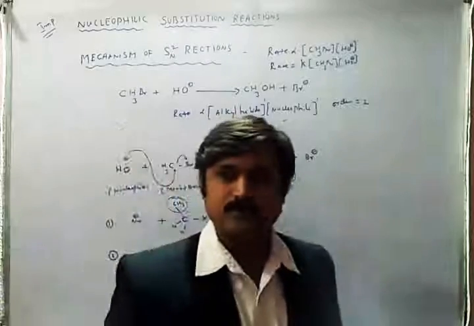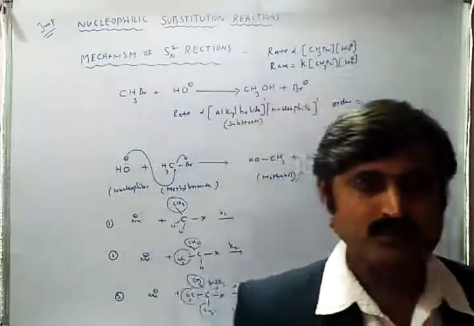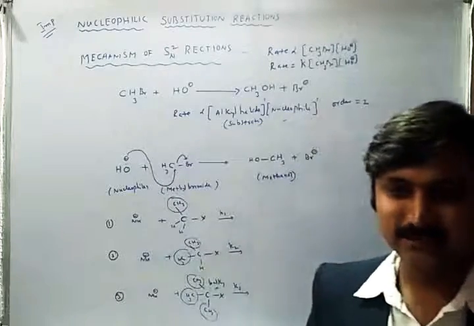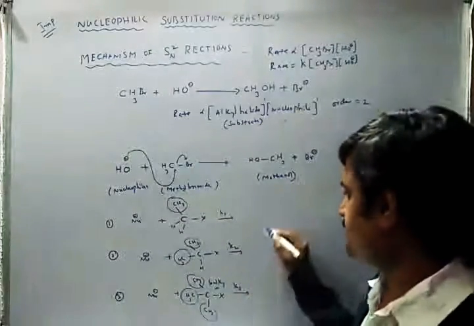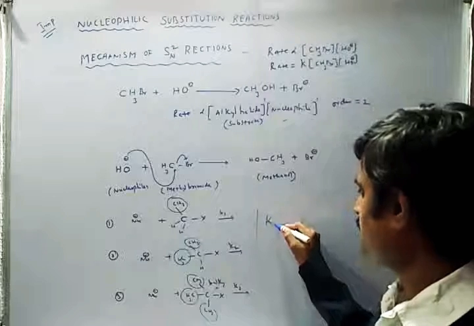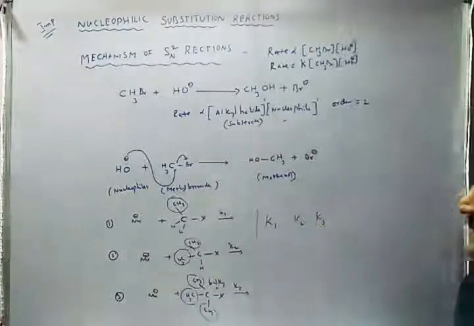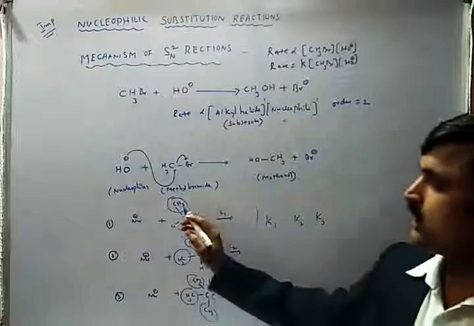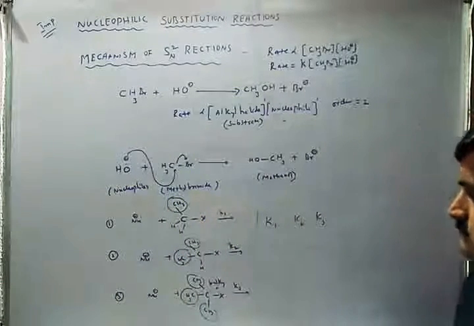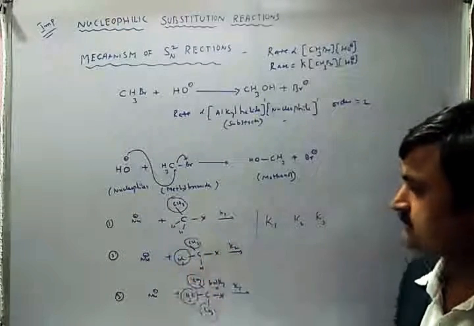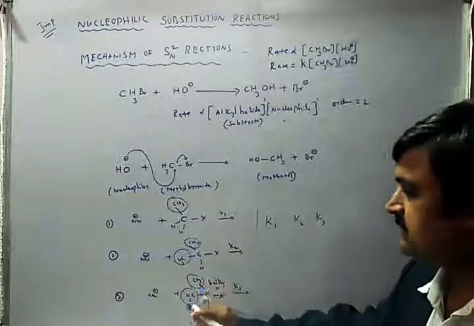Because of these bulky groups, what will happen? The rate of reaction decreases. That means reaction rate decreases. I can write the relation of K1, K2, K3. Here we have only one bulky group. Coming to the second case, two bulky groups. In the third case, three bulky groups.